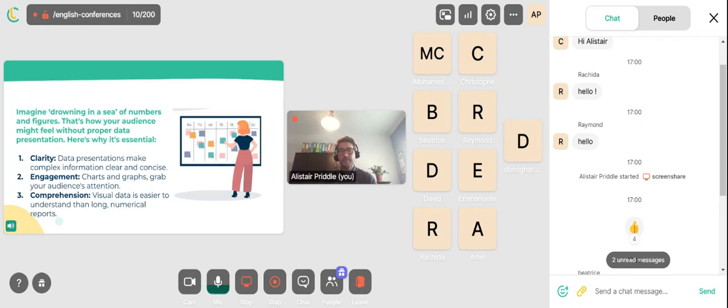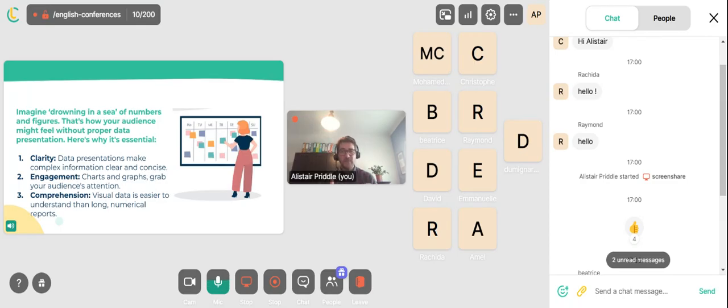Number 1, clarity. Data presentations make complex information clear and concise. Number 2, engagement.